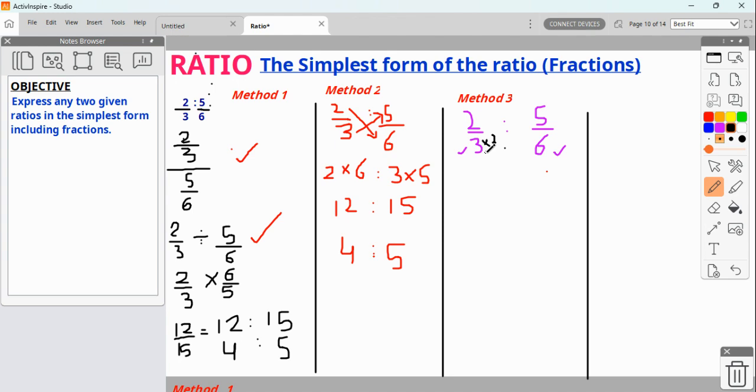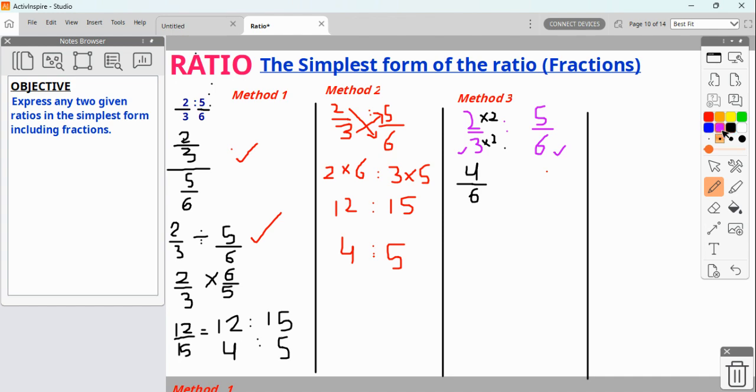But when we multiply 2 with the denominator, we will also multiply with the numerator to balance it. So by multiplying with 2, the numerator becomes 2 times 2 is 4 and the denominator will become 6.